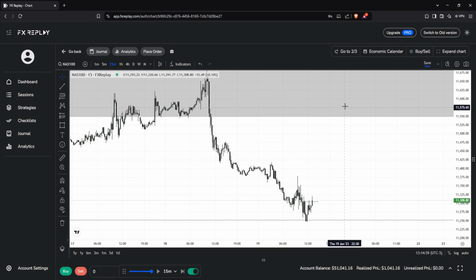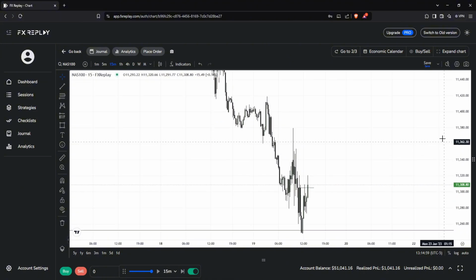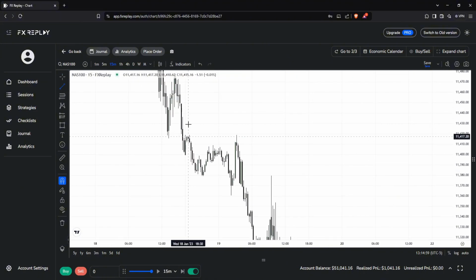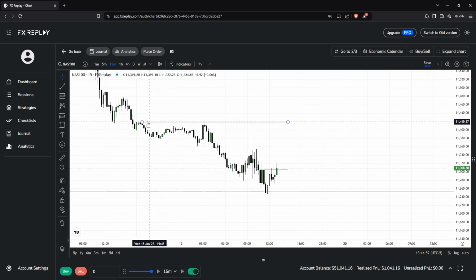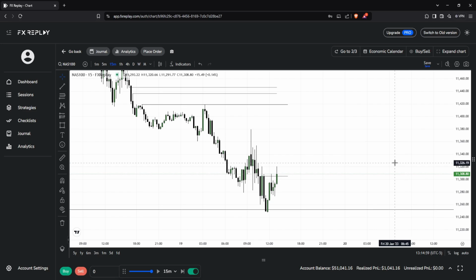We didn't have any retracements higher, which leads us to thinking that we left a lot of equal highs. As you can see, we have these equal highs here, and we have this imbalance which is unmitigated, which is a really good target for price if price starts to form a bullish program. It's going to be easy to target this.